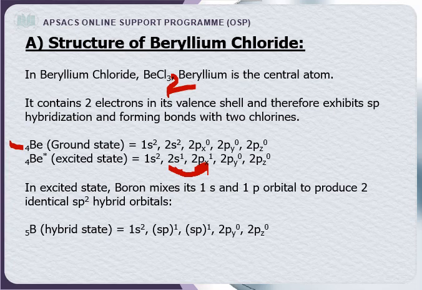Before it goes for bonding, it undergoes hybridization. So the two orbitals mix together to produce two hybrid orbitals. As we have mixed only one s and one p orbital, it will be termed sp hybridization, and two sp hybrid orbitals will be formed, which will assemble themselves in such a way.